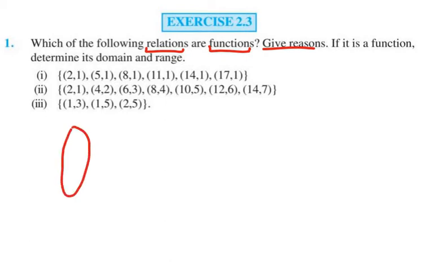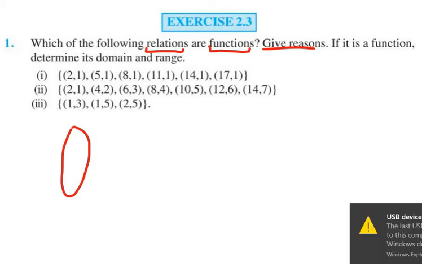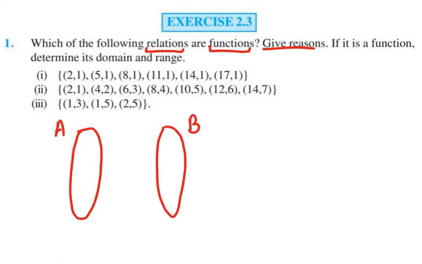So I will draw the diagram for the same. In this we need to put set A, and set A consists of the numbers that are the first elements of the ordered pairs. So we have 2, 5, 8, 11, 14, 17. Now for the B part we need to take the second elements.